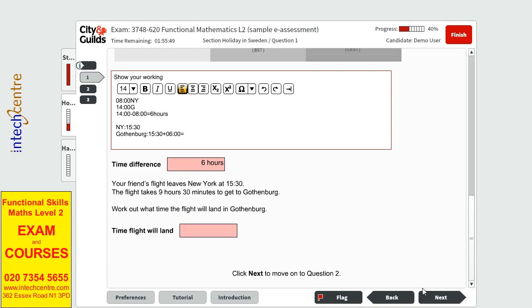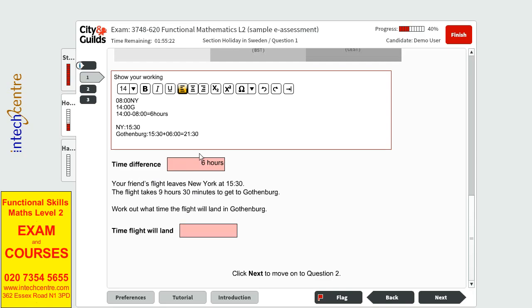You can make a note however you like to calculate this. If we do 15 plus 6, we'll get 21. So we have 21 hours and 30 minutes. So it's 9:30 p.m. in Gothenburg when the flight is leaving from New York.